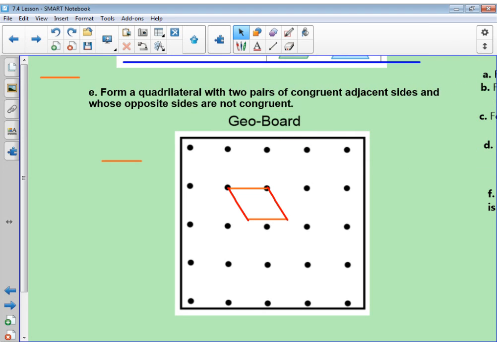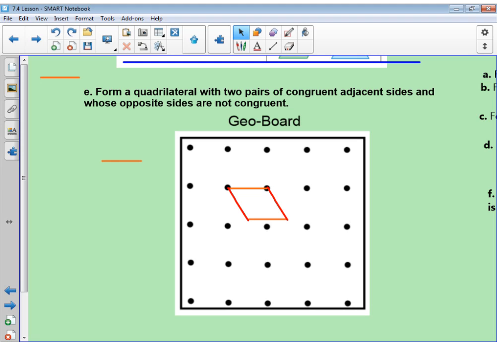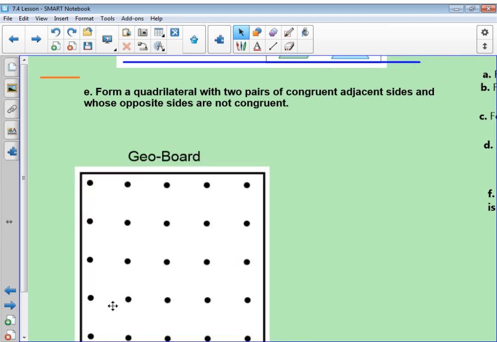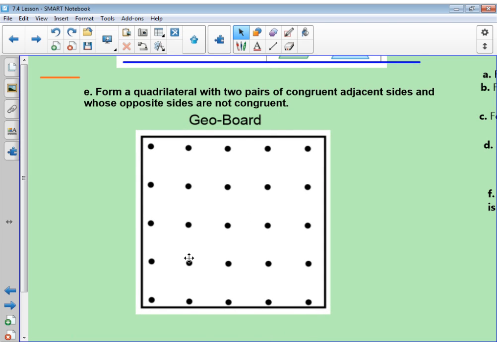We'll try one more. Form a quadrilateral, two pairs of congruent adjacent sides and whose opposite sides are not congruent. So adjacent means connected. Okay. I'm going to shift this so I can delete all this at once. Okay, so two pairs of congruent adjacent sides.